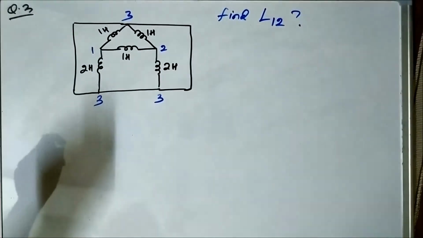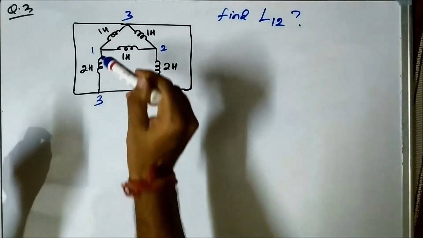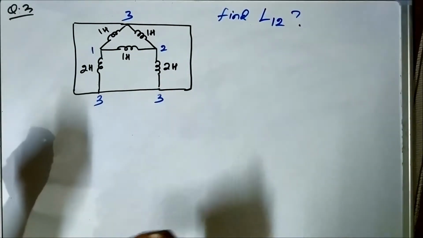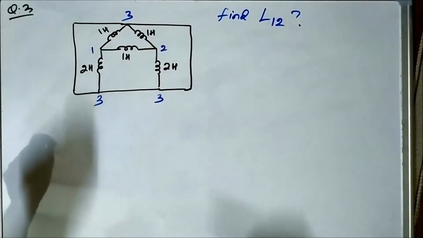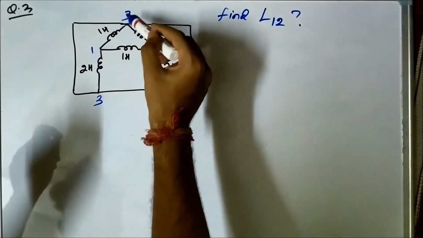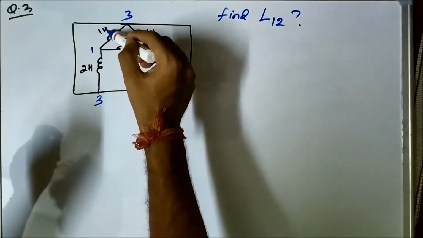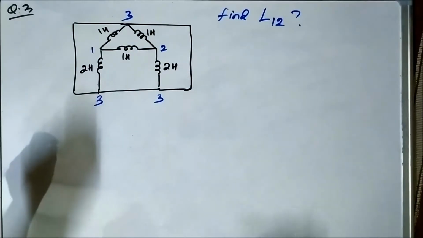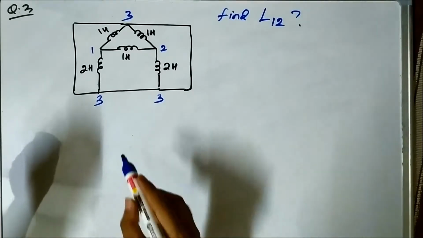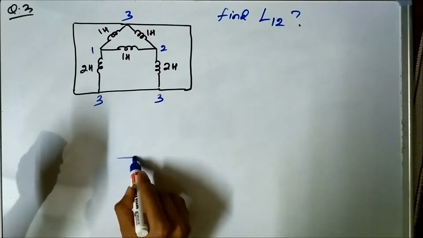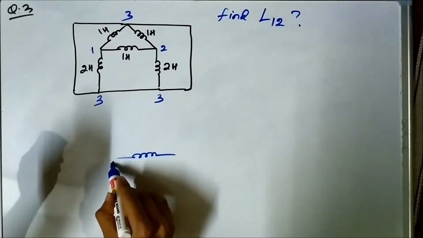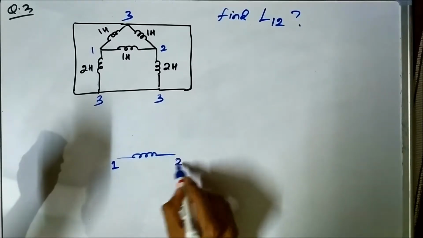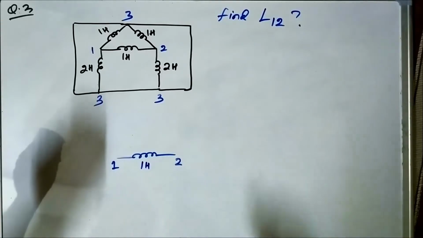We just named them. So now between 1 and 2, we have the 1 Henry inductance connected. Between 1 and 3, we have this 1 Henry connected, and also between 1 and 3, we have this 2 Henry connected. So let us draw it. This is 1, this is 2, this is 1 Henry.